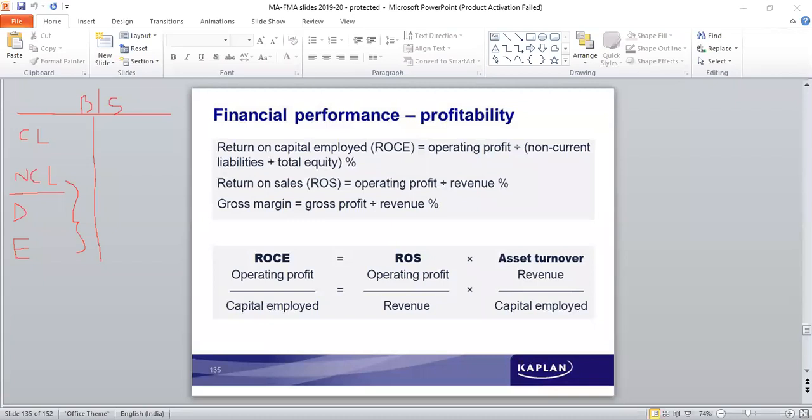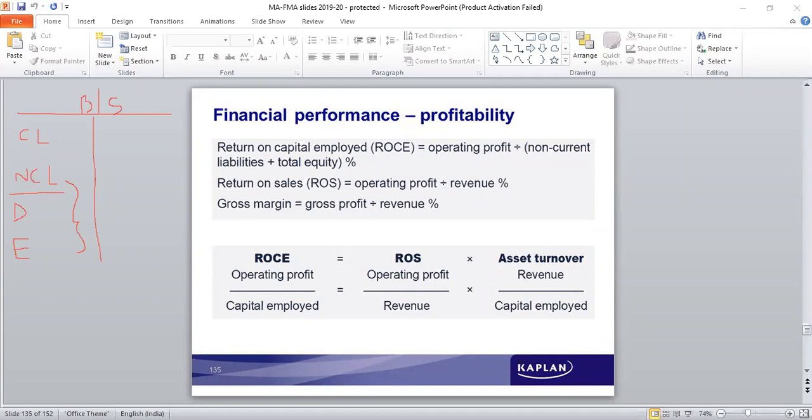After that, the resultant figure is called EBIT, earnings before interest and tax. Most of the time, when they assume that non-operating profits, expenses or incomes do not exist, operating profit and EBIT are used interchangeably. So most of the time, EBIT is also referred to as operating profit.